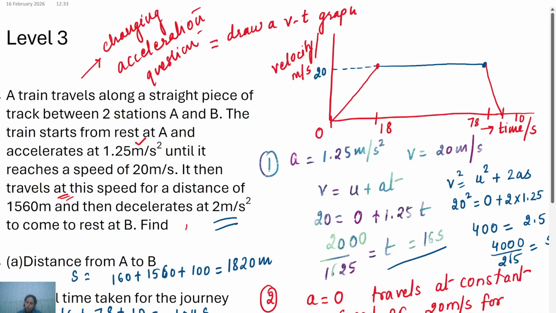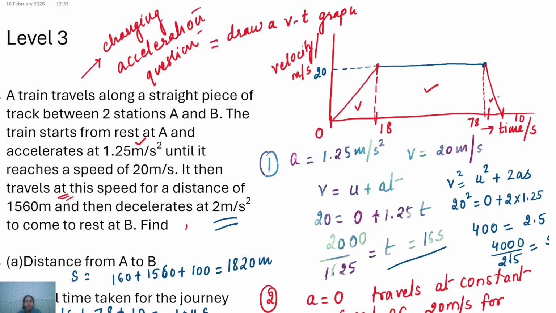Now see, it becomes so easy when you draw the graph. And now you can figure out the total distance traveled by calculating these 3 areas: this area, this area, and this area. So graphs are helpful in visualizing what's happening. For example, my acceleration is the gradient of the VT graph.